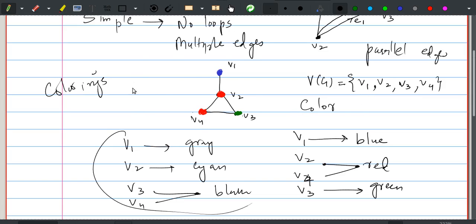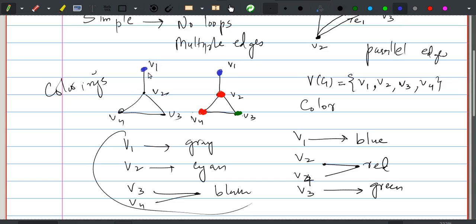So let us take this coloring. Suppose this is the vertex V1, this is V2, this is V3, this is V4. First of all we may color any vertex, so let us choose this vertex V1. Let us color this vertex V1 with blue color.